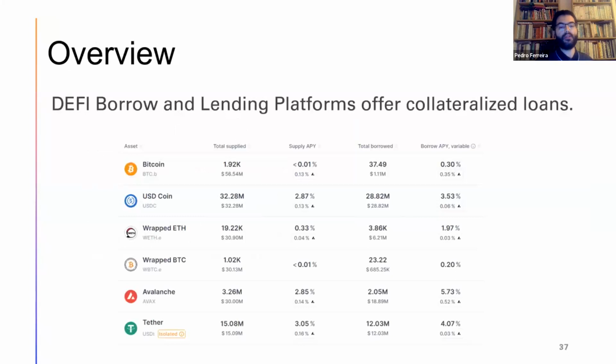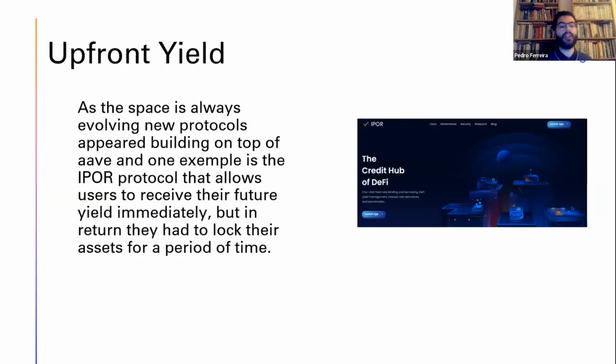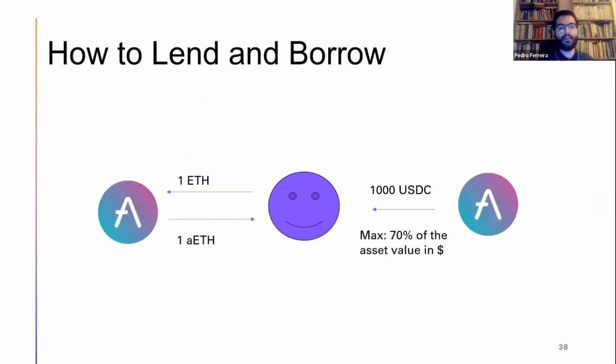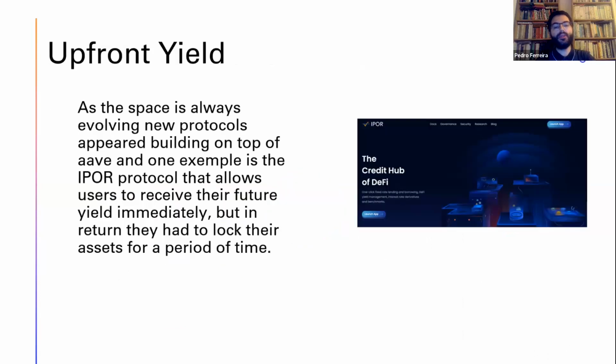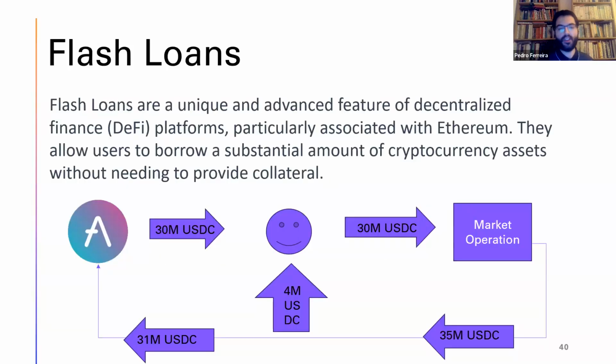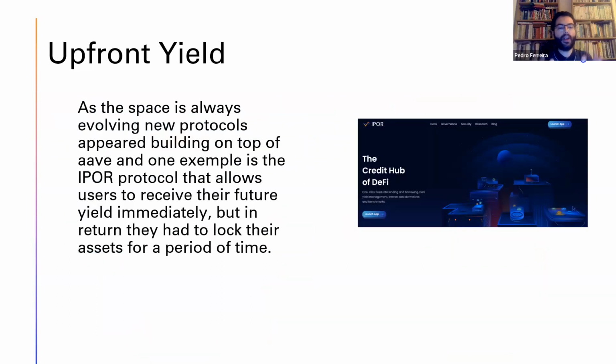As you see here, you are receiving 2.87% yield every year, but you only receive it at the end of the year, so you need to wait at least 1 year, but you don't want to wait 1 year. Why wait when you have this protocol that pays you the 2.87% up front? Imagine that you are depositing $1,000 in the platform, and they just give you $28.70 in value of the yield.